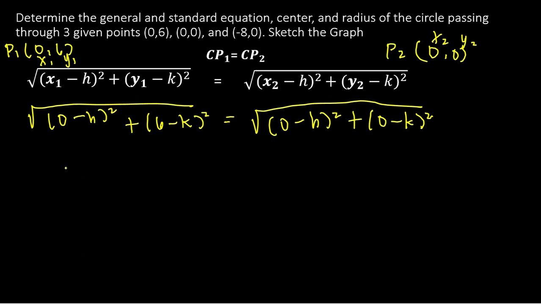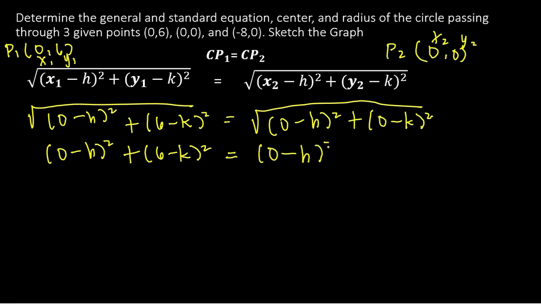Next, we can square both sides to cancel the square root. So what remains is (0 minus h) squared plus (6 minus k) squared is equal to (0 minus h) squared plus (0 minus k) squared. Next, we have to expand this.